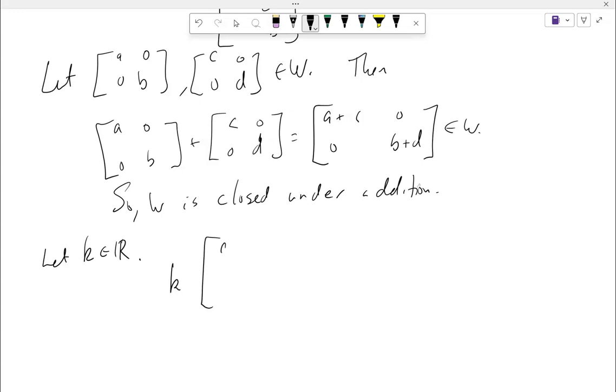Let's do scalar multiplication. If I do the scalar times the matrix, what do you end up with? Yeah, [[Ka, 0], [0, Kb]]. Is that diagonal? Yeah. So this is back in W again.